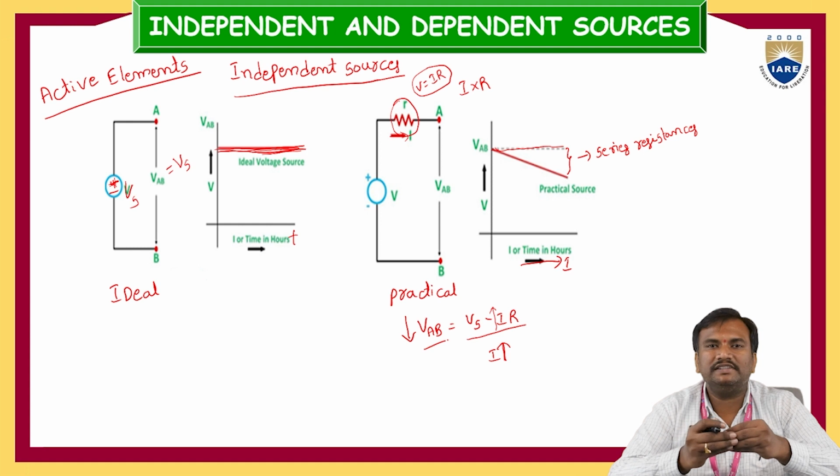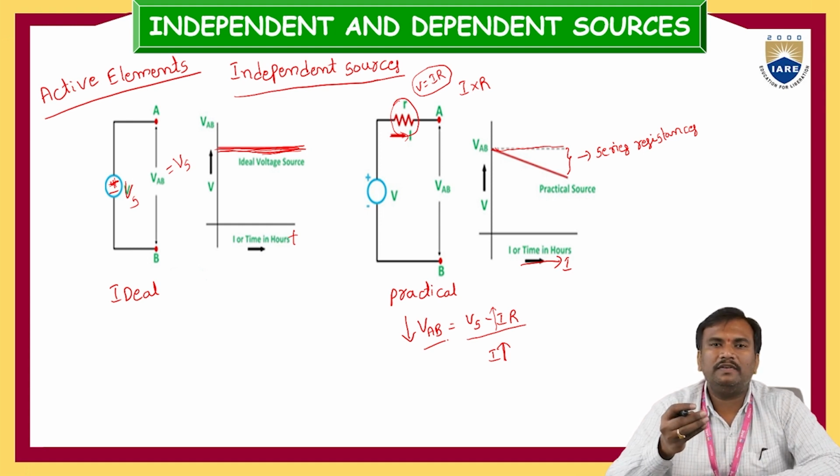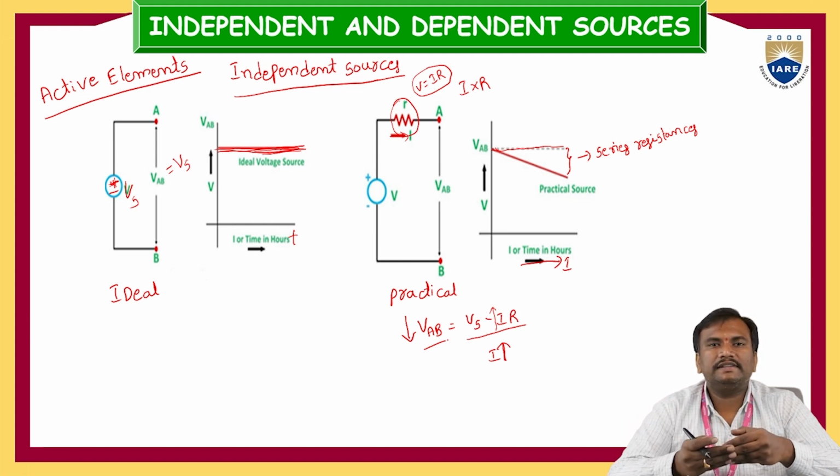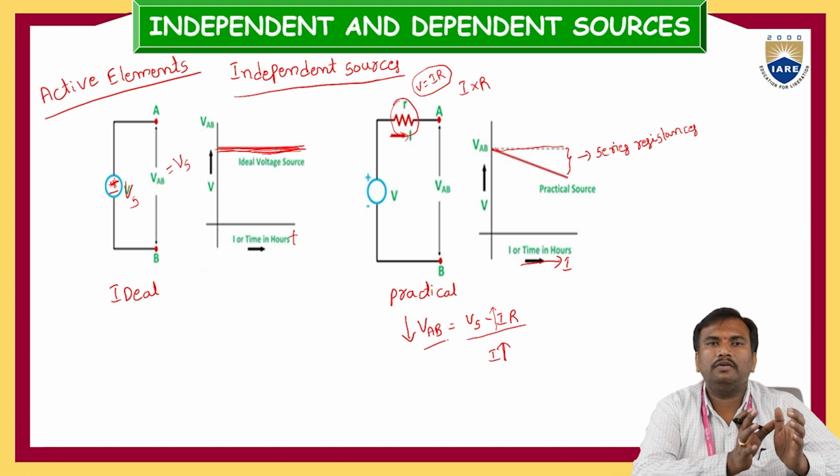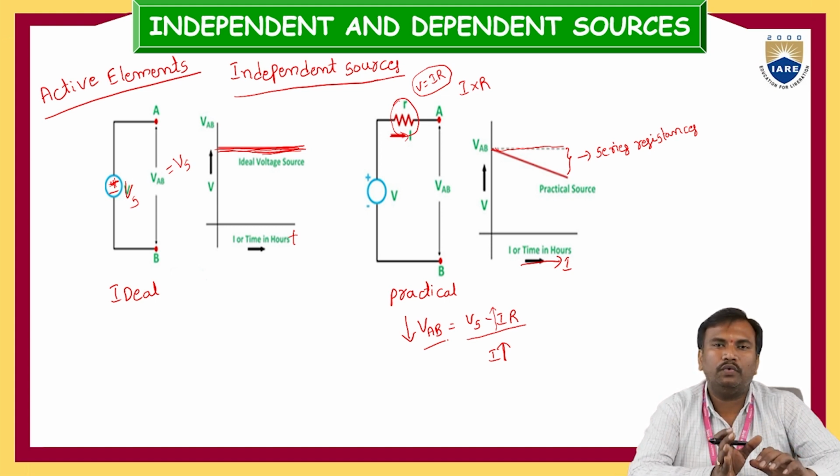Because of that resistance, a small voltage drop will be there in all practical sources. But when we are discussing the concept of circuits, we are going to discuss the ideal sources only.